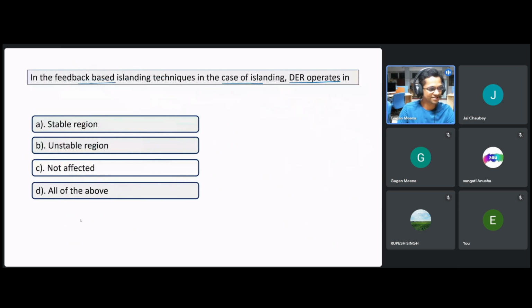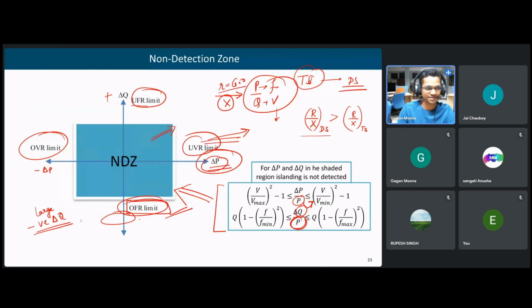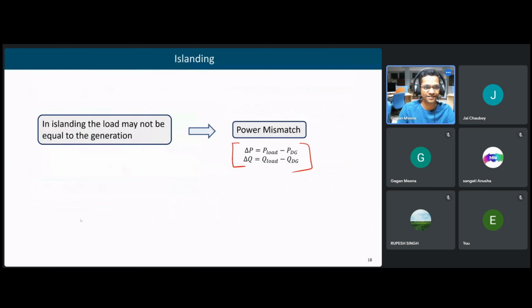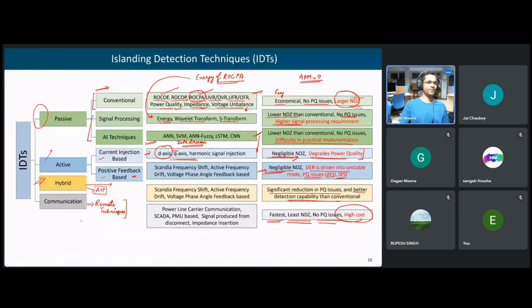So did you understand this difference between these 4 detection techniques: passive, active, hybrid, and communication? This was the main theme of the entire week. If you are able to understand this, then you will be able to understand the others.